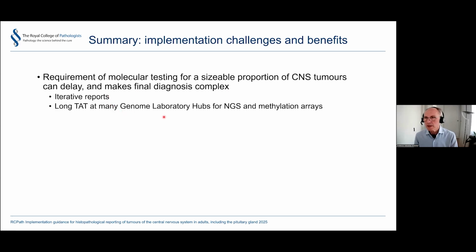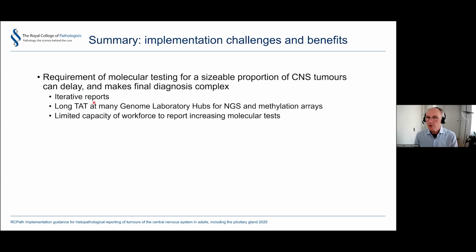The delivery of genetic testing in England in the UK is done through genomic laboratory hubs. Some of these genomic laboratory hubs have quite long turnaround times for next-generation sequencing and also for methylation arrays. There are variations across different GLHs, but we usually talk about weeks.